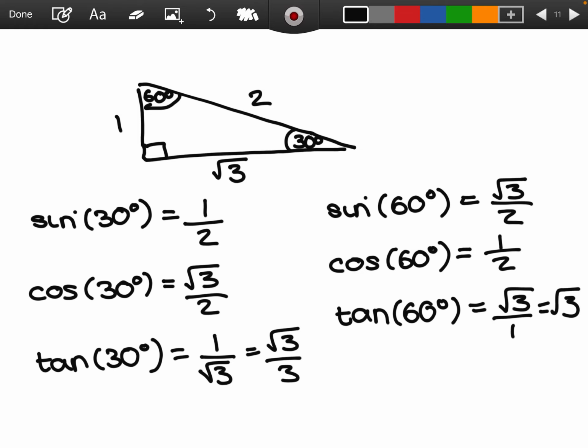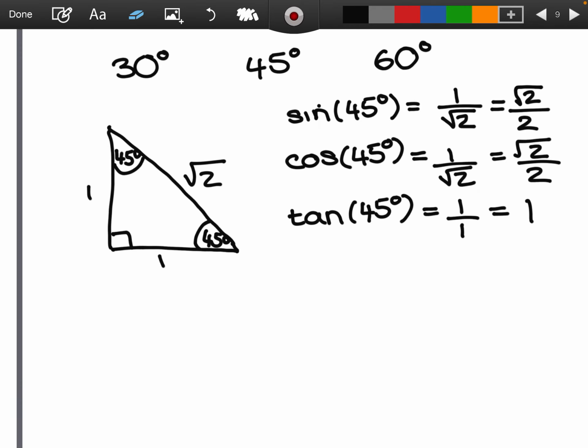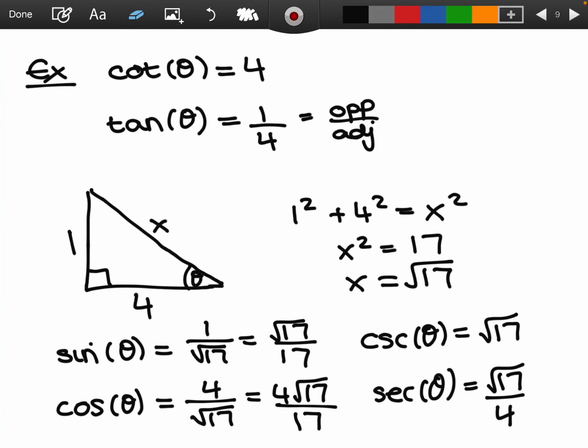So whenever you get one of these problems, I would highly recommend to use a calculator. Or if you go back, you can always find sine, cosine, and tangent of an angle if you know one of the other trig functions like we did in these examples here.